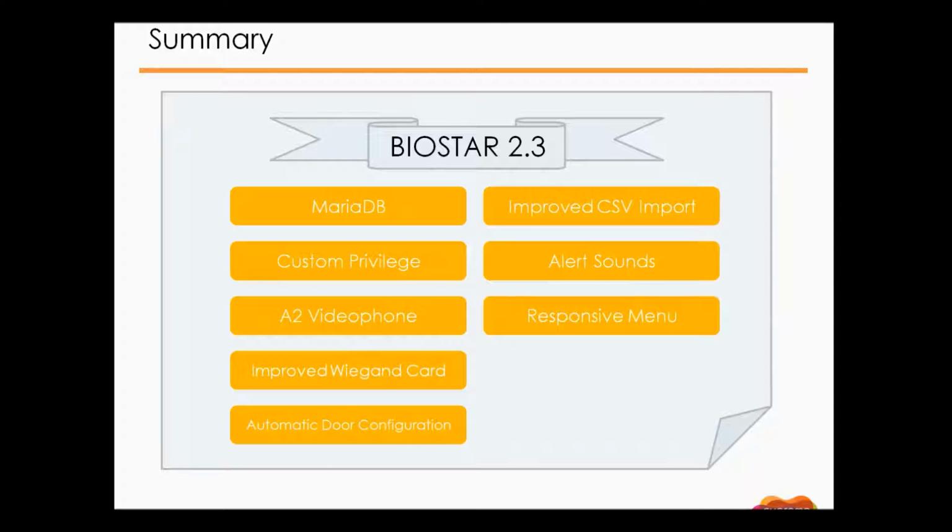You can now store multiple Wiegand formats on Biostar 2 devices and also enter and read facility codes. Automatic doors can now be configured. User CSV import has convenient automated features, and you can now configure sounds for Biostar client alerts. And finally, the global menu now has a responsive user interface.